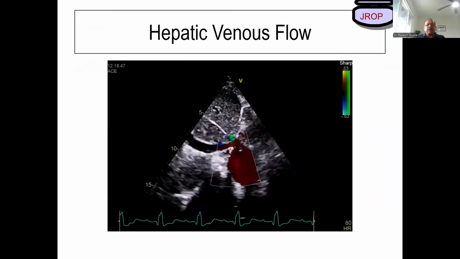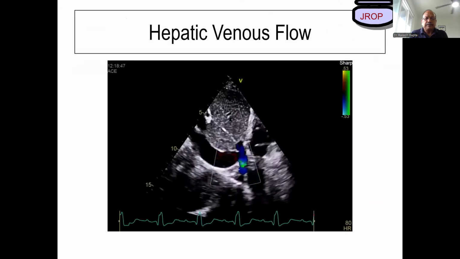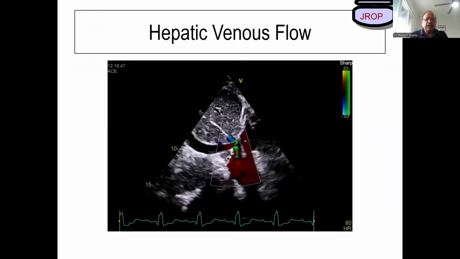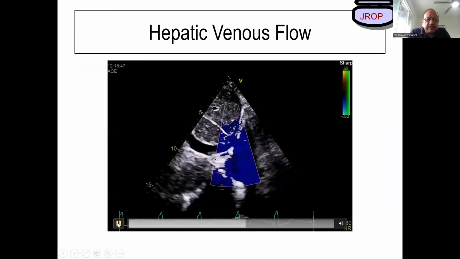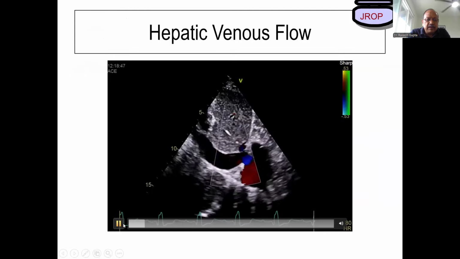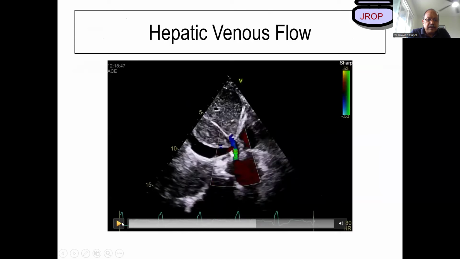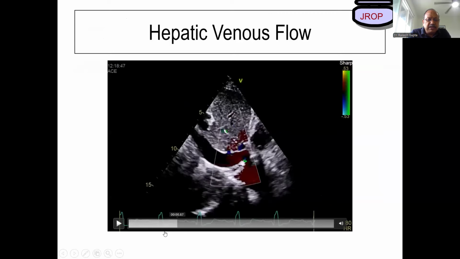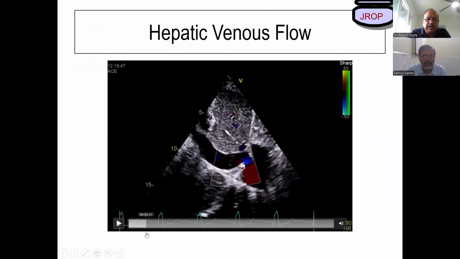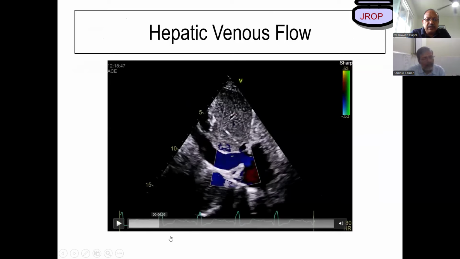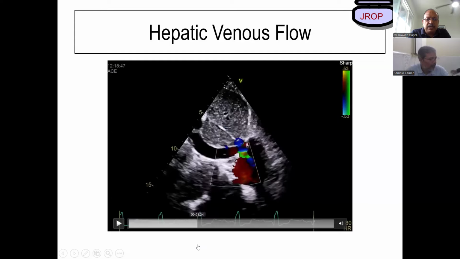You can see my slides now? Yes, sir. Now, I'm going to freeze this image for you. And look at the cursor. Cursor is right over here. So I'm going to scroll back this cursor for all of you. Now, this is the beginning of a systole. So what do you see? A beginning of systole, all blue in color.